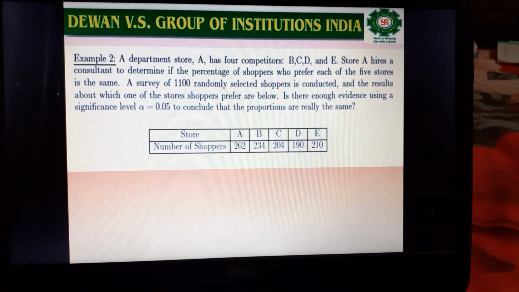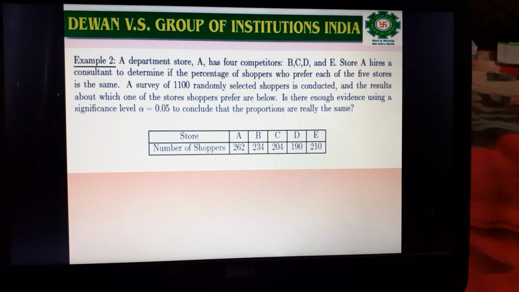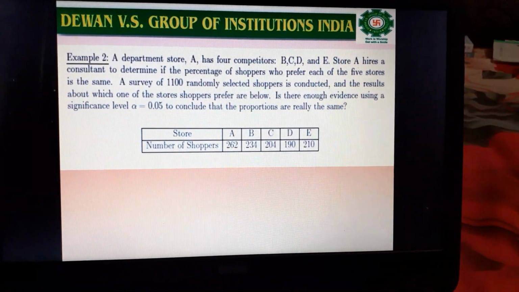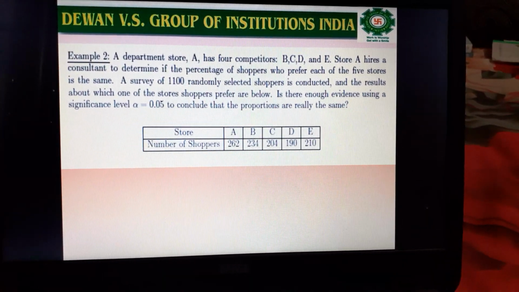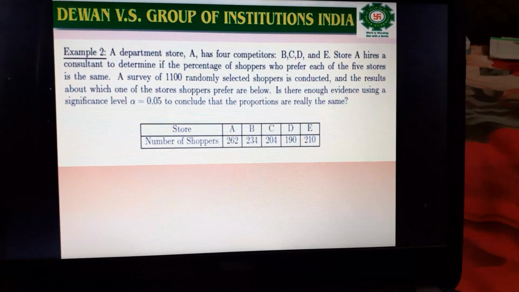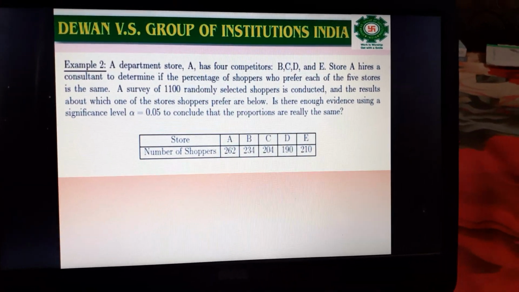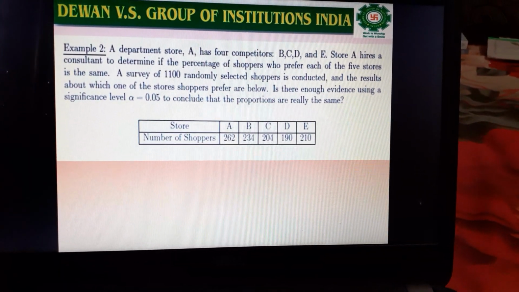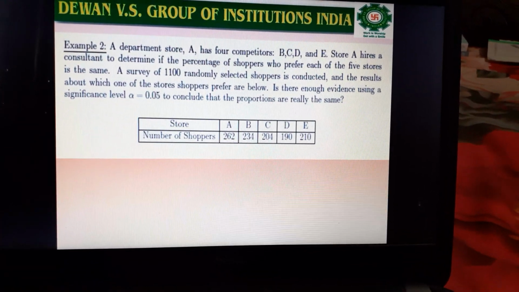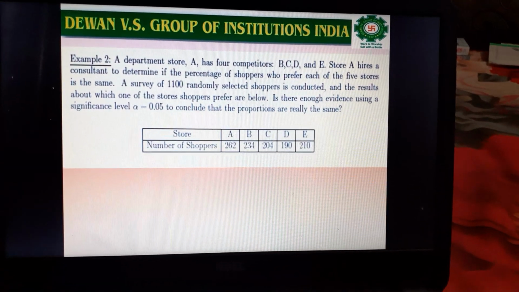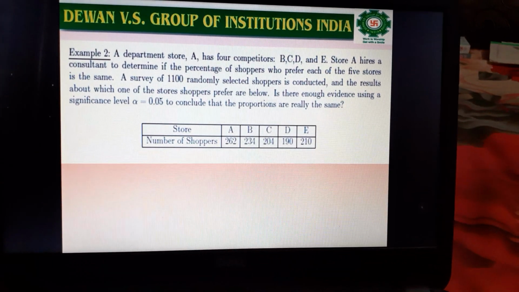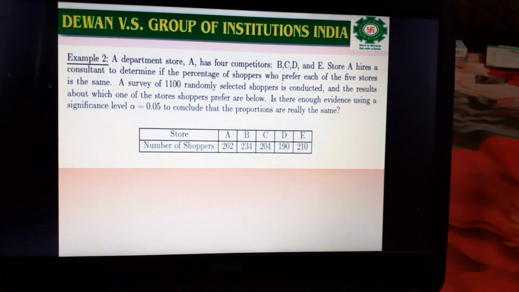A survey of 1100 randomly selected shoppers is conducted, and the results about which store shoppers prefer are below. Is there enough evidence, using a significance level of 5%, to conclude that the proportions are equally the same?